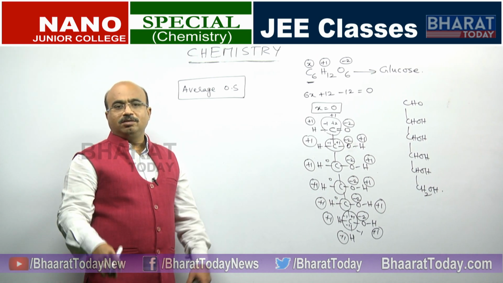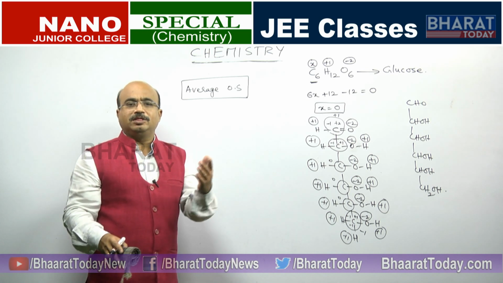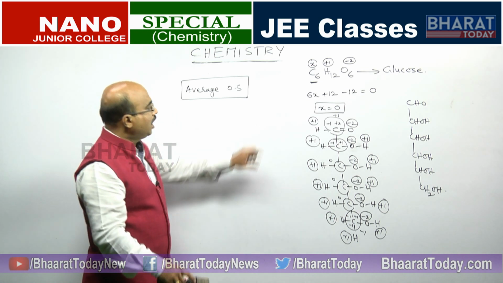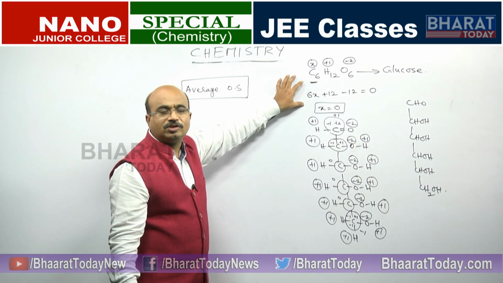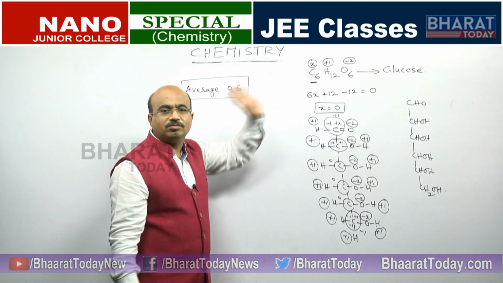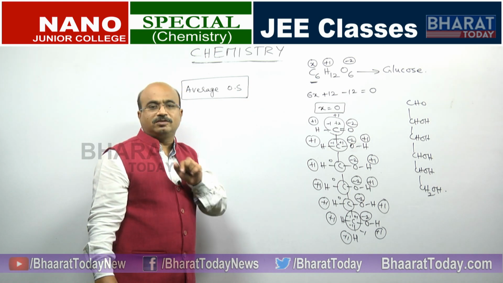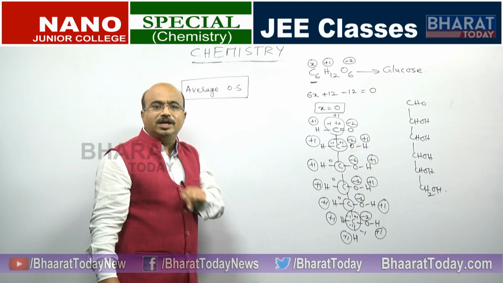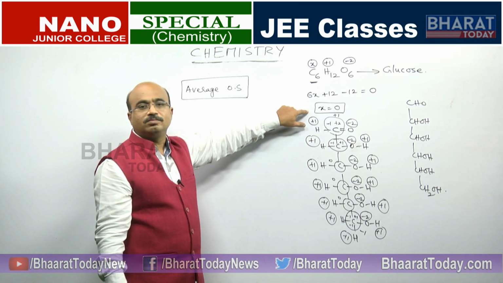When you are determining the total of 6 at one time and dividing that by 6, we calculated the 6x value, then we divided that by 6 to get the x value. That means we are not separately calculating the oxidation state of each carbon by these rules.